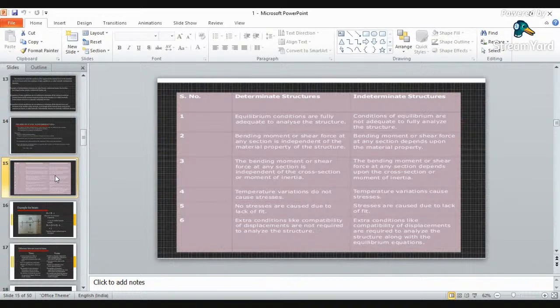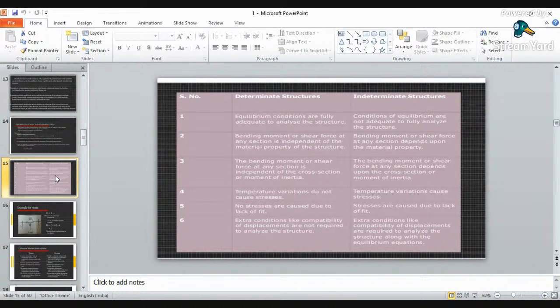Again, temperature variation will not cause any changes in the stresses or forces in a determinate structure, but in an indeterminate structure the temperature variation will cause change in the stresses. Again, lack of fit will not make any changes in the stresses in determinate structures, but in indeterminate structures there will be change in the stresses if there is a shortage or lack of fit.